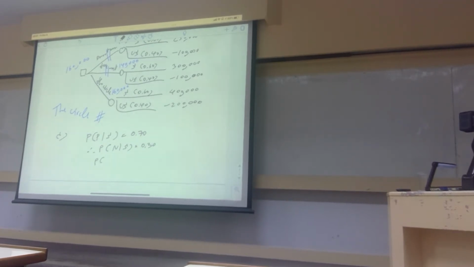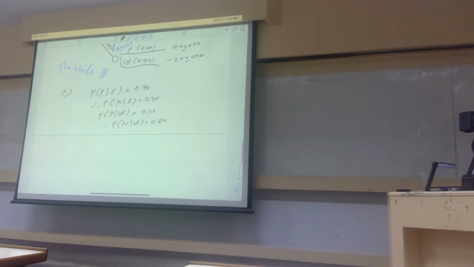The probability of positive given unsuccess is 0.2. So the probability of negative given unsuccess will be 0.8. This is all that we have.